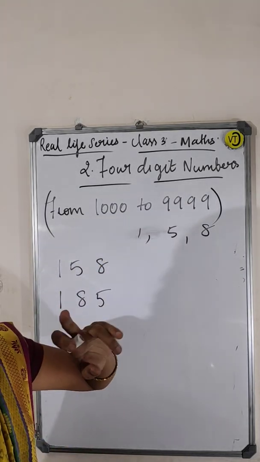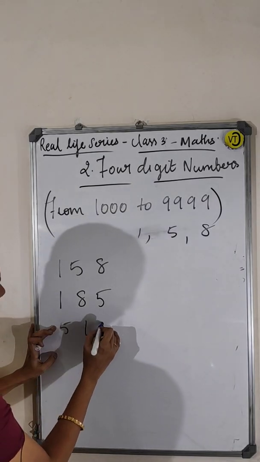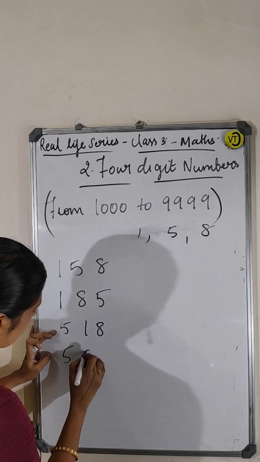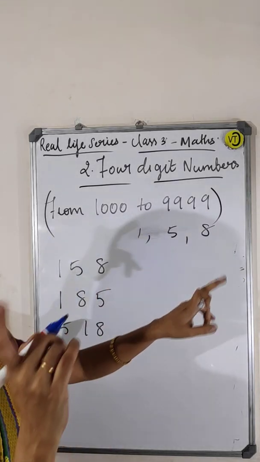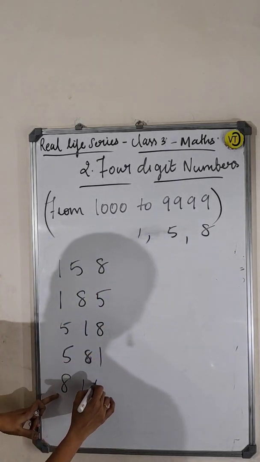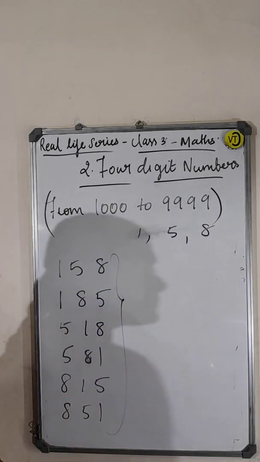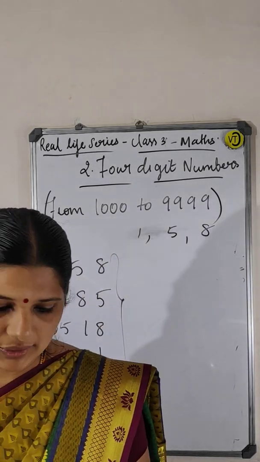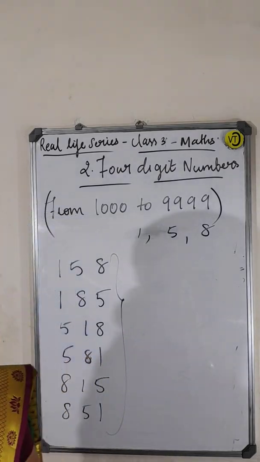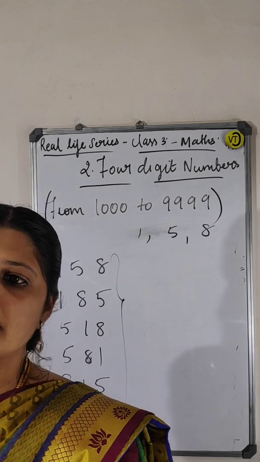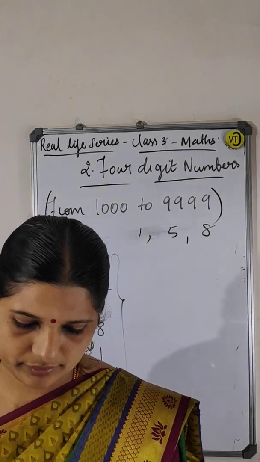Next, 5 is the first number: 5, 1, 8 and 5, 8, 1. And 8 is the first number: 8, 1, 5 and 8, 5, 1. So these are all the possible numbers I can write using 1, 5 and 8. 6 numbers I can write without repeating.